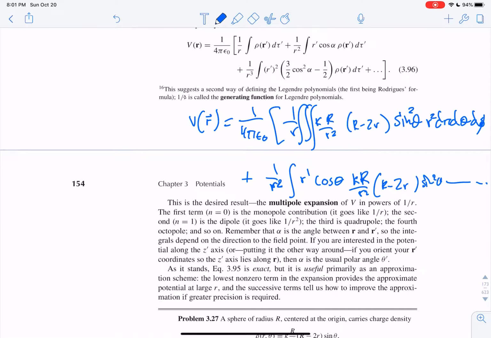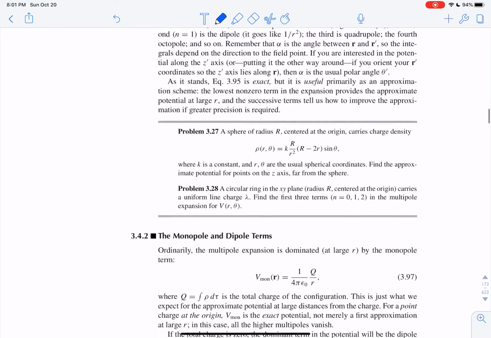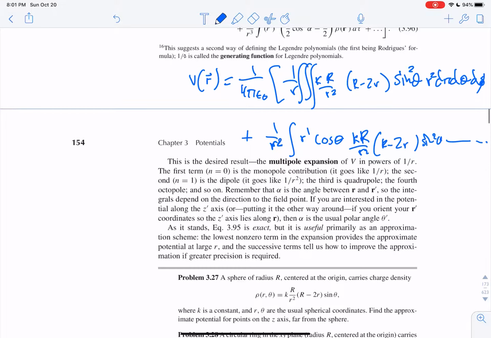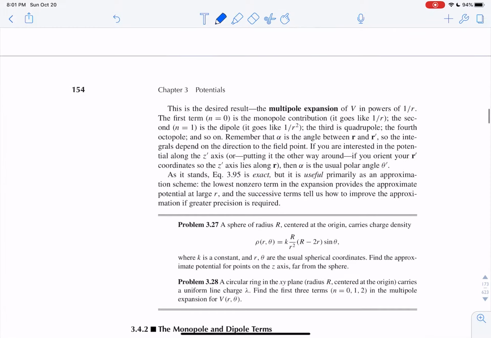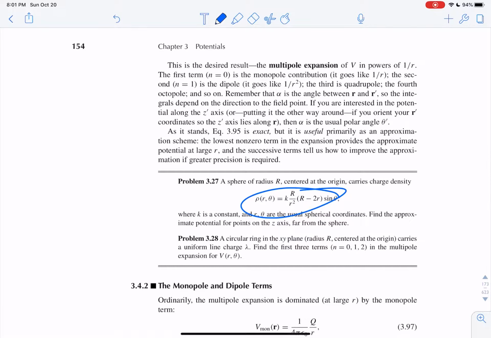You get the same thing, you keep going, and what you find is that the first 2 are 0, and the third one is a non-zero answer, and that's your approximation of what the potential looks like for that charge distribution. That's pretty cool. We can take any charge distribution, look at this, what kind of charge distribution is that, and we can figure out approximately what it is.